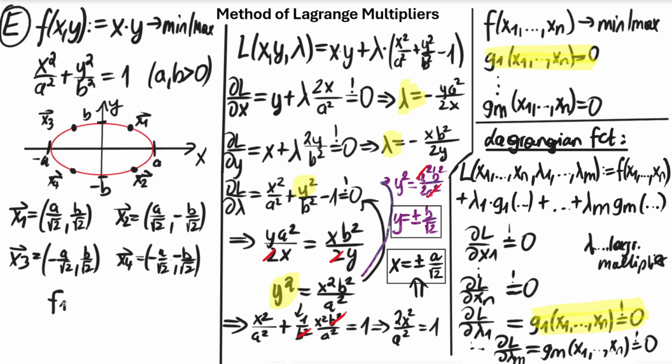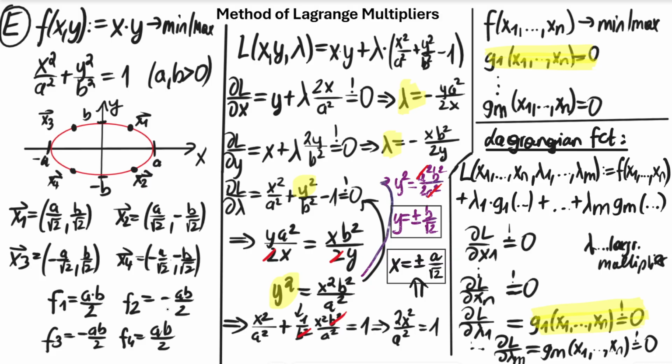So the f1 is then simply a times b over 2. The function value for f2 is minus ab over 2. f3 is also minus ab over 2. f4 is ab by 2.